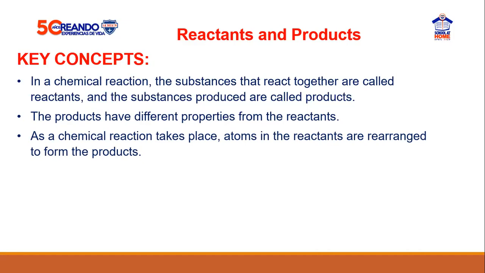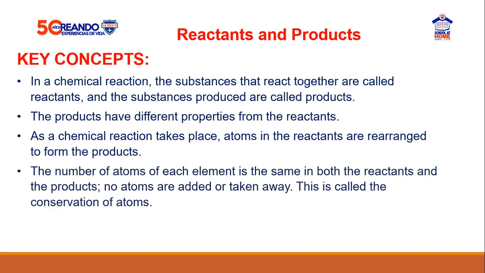If you remember, we've said that the chemical bonds, either ionic or covalent, are broken down and new bonds are formed, right? Then the number of atoms of each element is the same in both the reactants and the products.